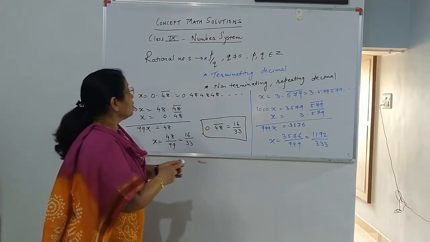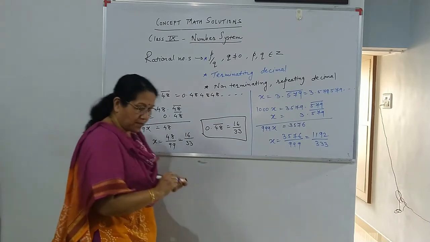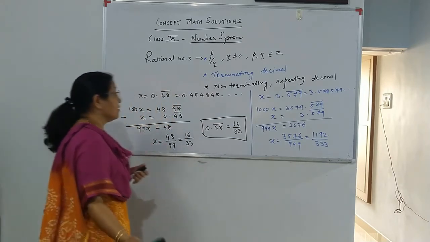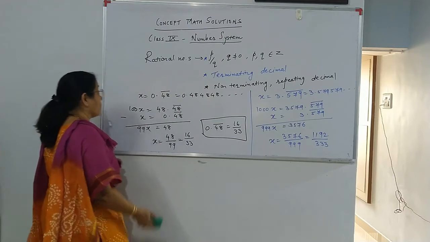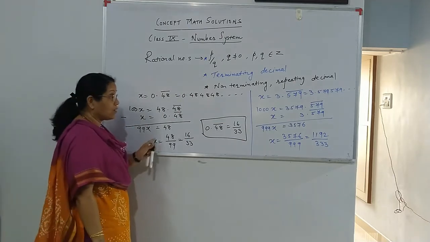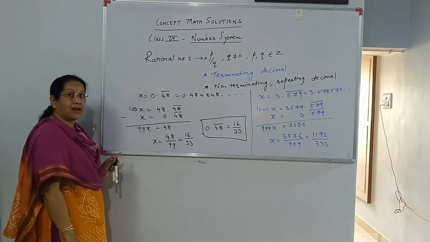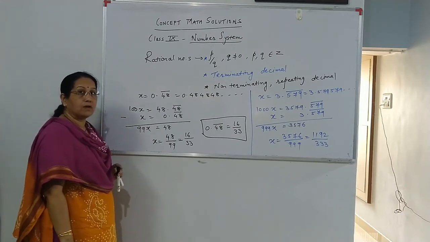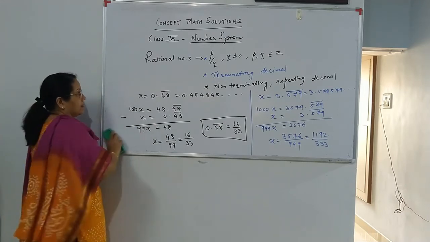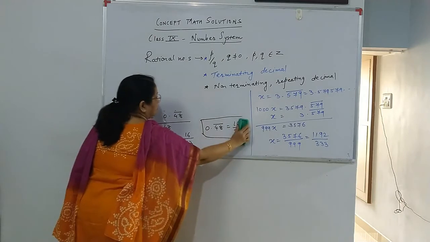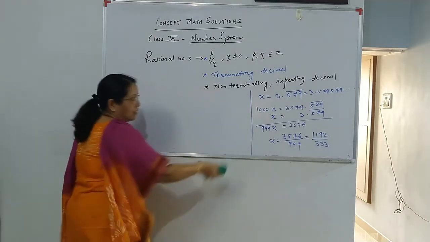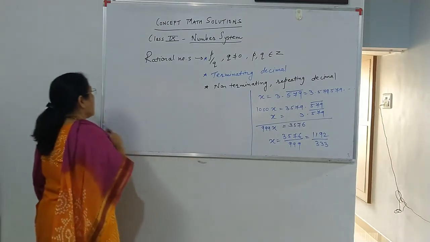Now I am giving you some questions; you all convert them into p by q form. Pause the video and copy these, and then I will give you some homework to do. You are converting these numbers into p by q form.